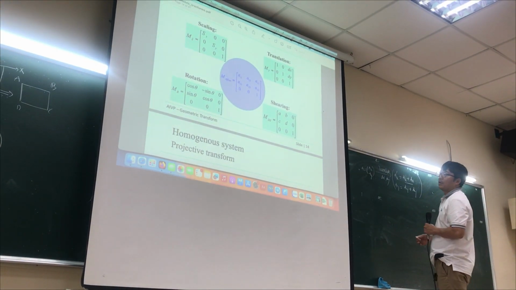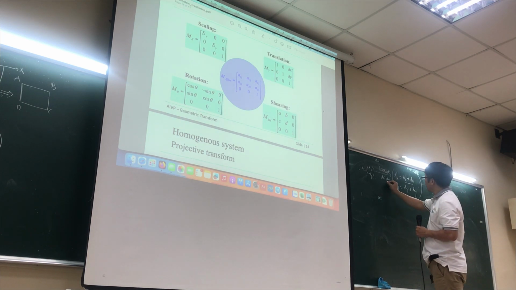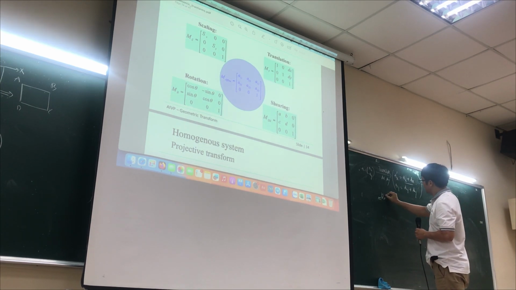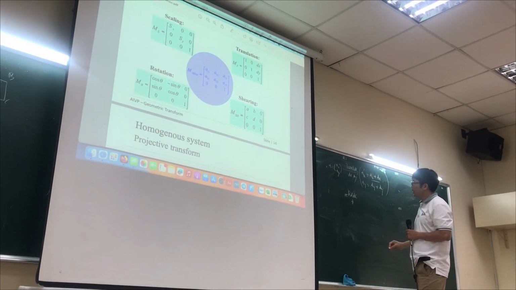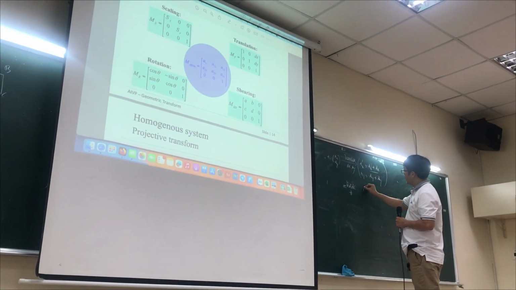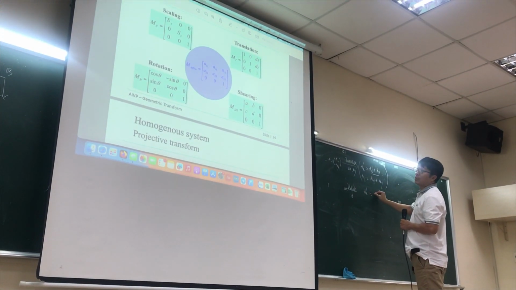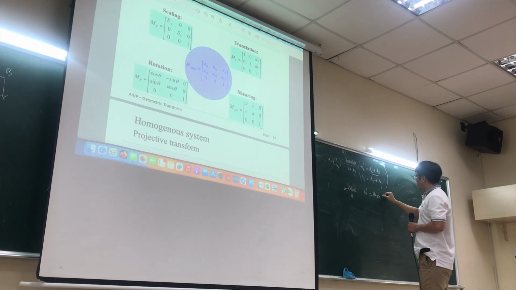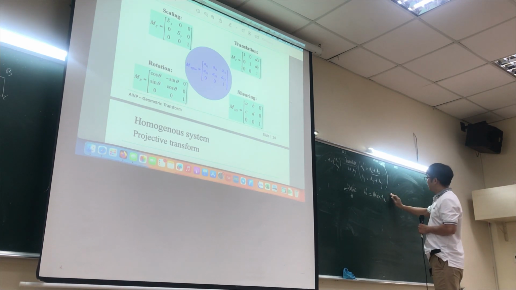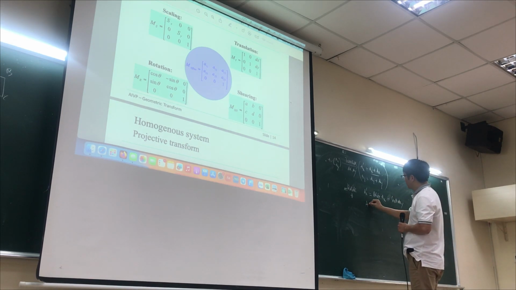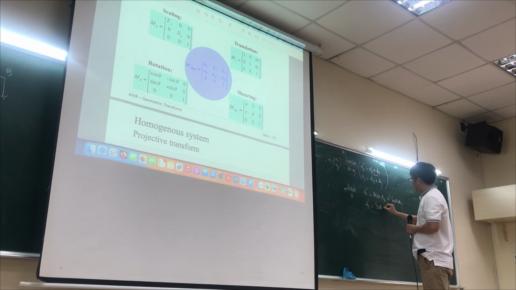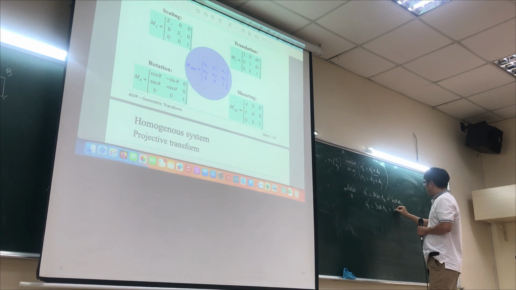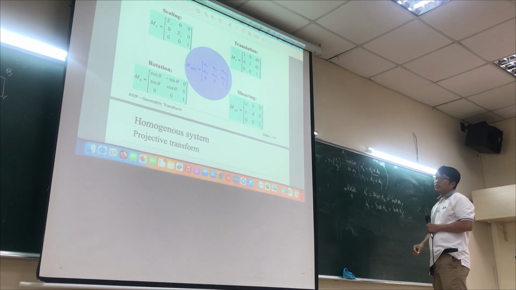For example, here is translation, and here is rotation by theta degrees. Then x' equals cosine of theta times Ax minus sine theta times Ay.